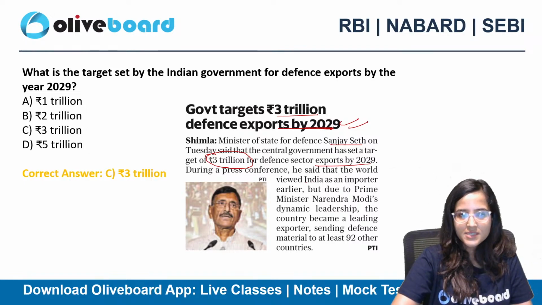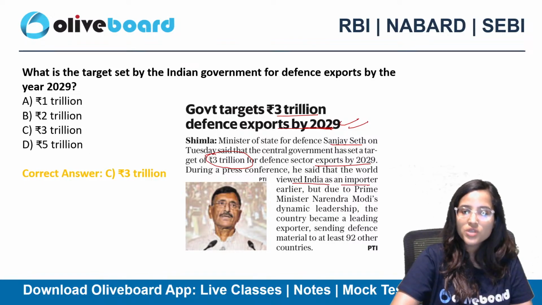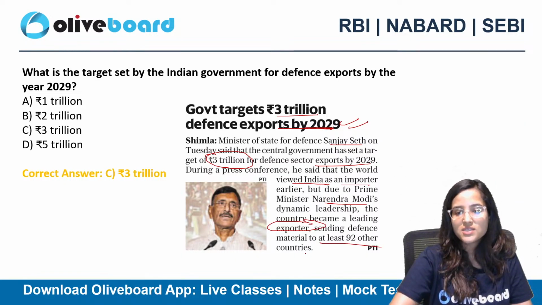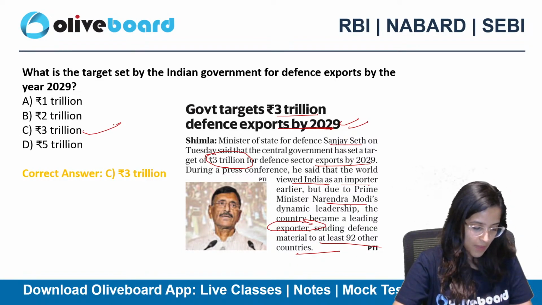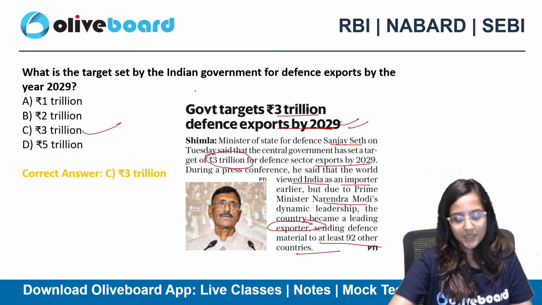Okay, he said that the world viewed India as an importer earlier. But due to Prime Minister Narendra Modi's dynamic leadership, country became a leading exporter, sending defense material to at least 92 other countries, and that is why now our target is 3 trillion by 2029. Okay?